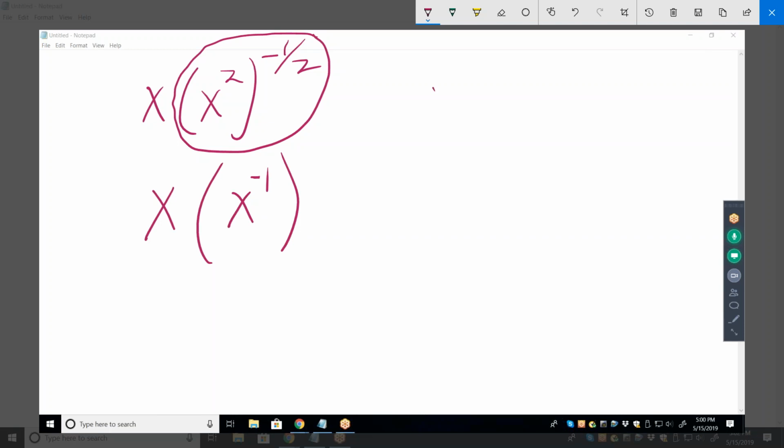Now let's talk about negative exponents. What does this mean? You're dividing? No. A negative exponent merely means the reciprocal. In other words, it means 1 over x to the 1. Okay? If I had x to the minus 3, that would be 1 over x to the positive 3.